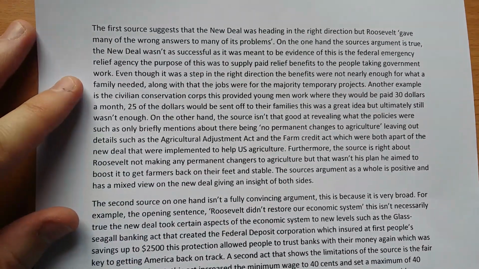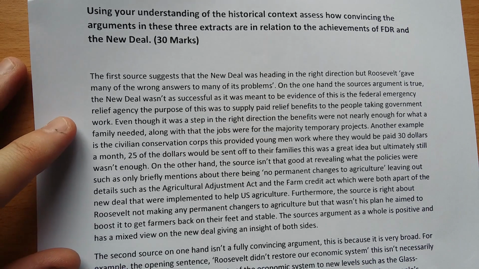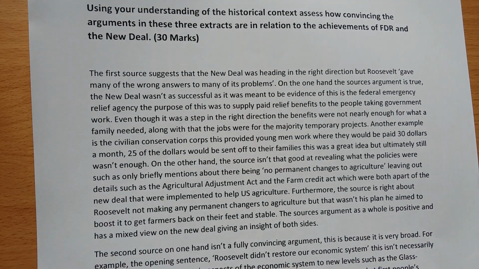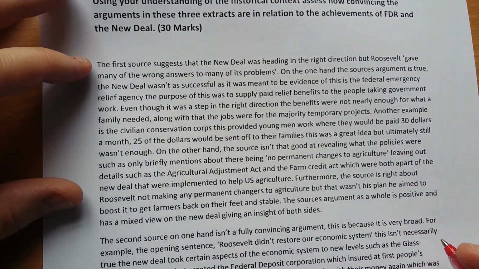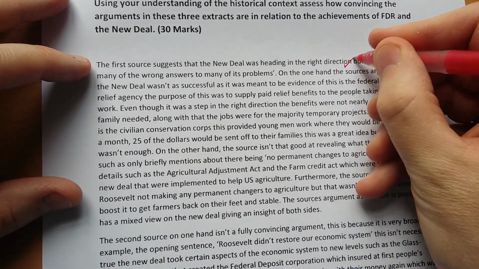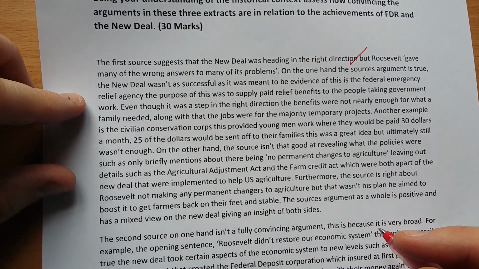So here we have the essay. You can see the question here, looking at the achievements of FDR and the New Deal. So let's see what this essay achieves. So the first source suggests the New Deal was heading in the right direction, so he's correctly identified the argument of the source.